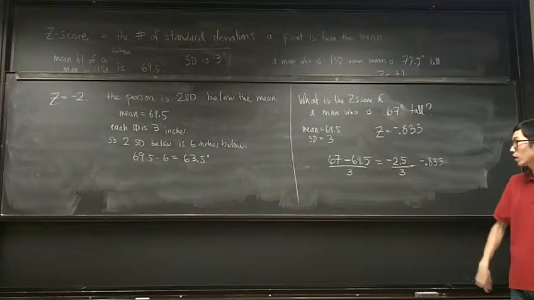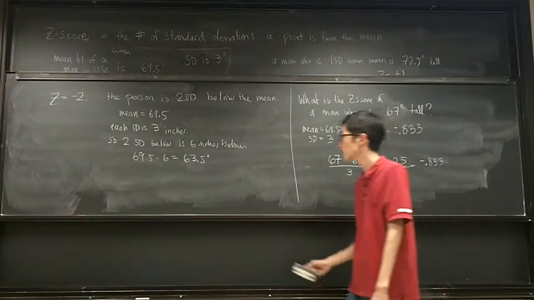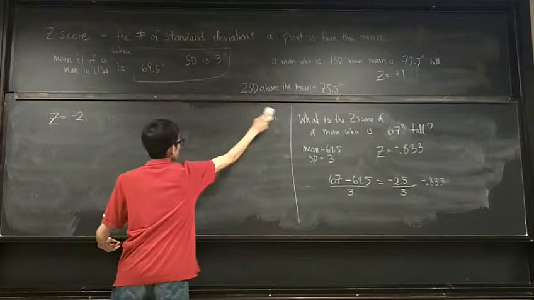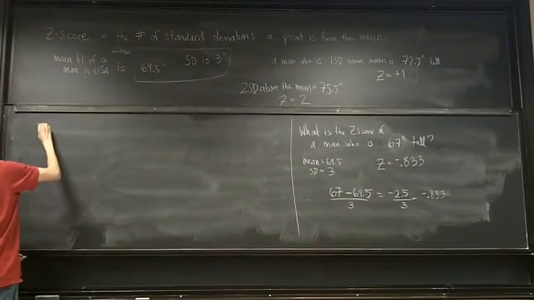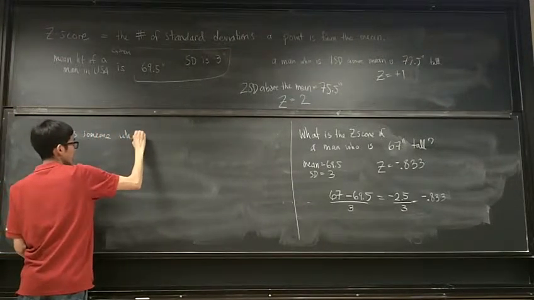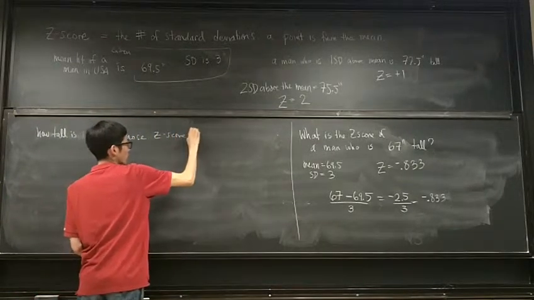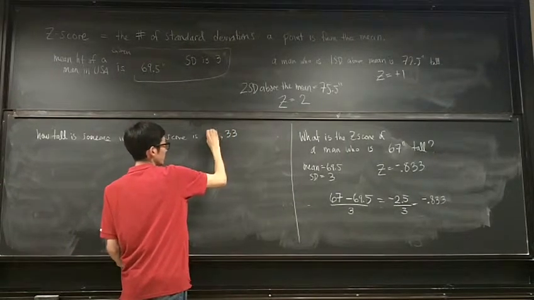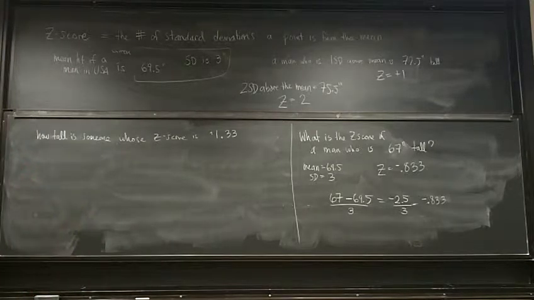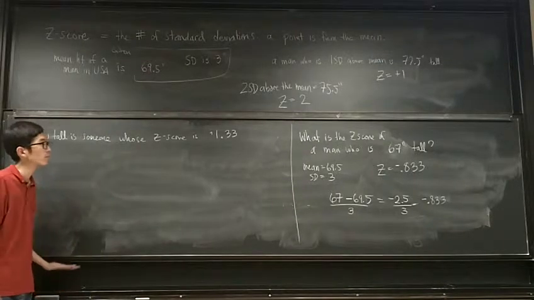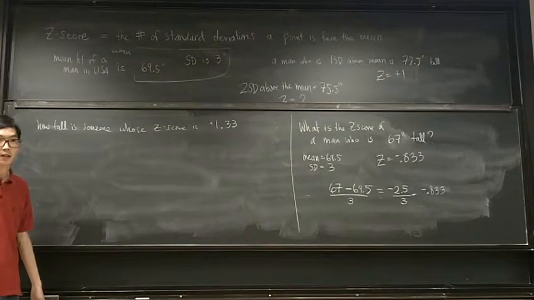Okay. How tall is someone whose z-score is 1.33? 73.49.